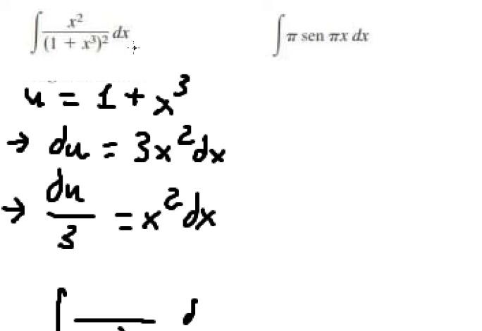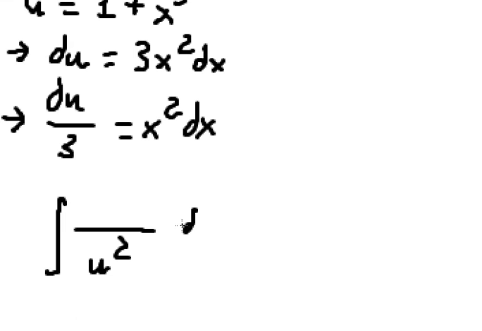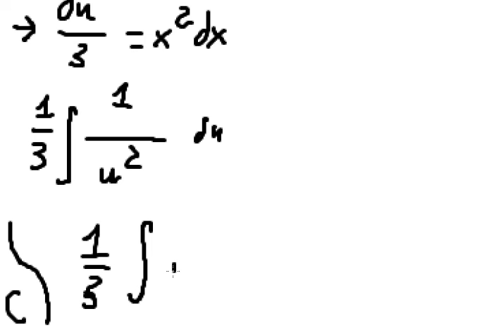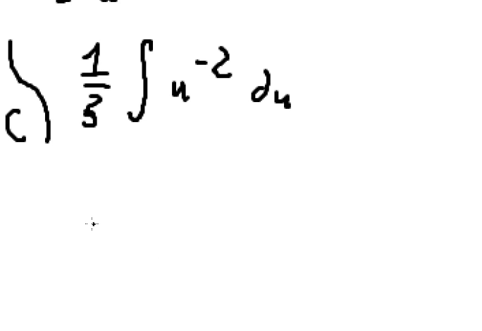This one, x squared dx, we change by du over number 3. And now we can put 1 over 3, and we have the integration of u to the power of negative number 2 du. And now we have the final answer.